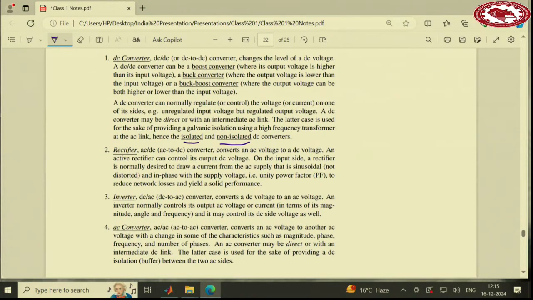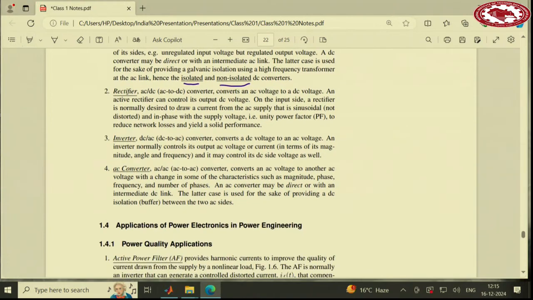Inverter is the other extreme of this one. So it's DC to AC. The power flow is from DC to AC. On the AC side, it could be single phase or three phase. And then AC to AC converter, as the name indicates, could be single phase or three phase, or even one side single phase, one side three phase.